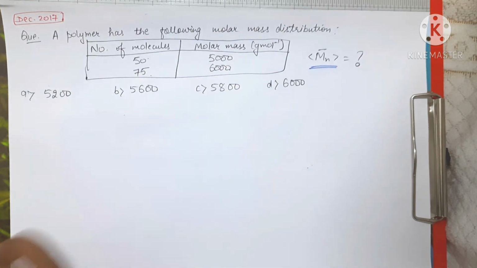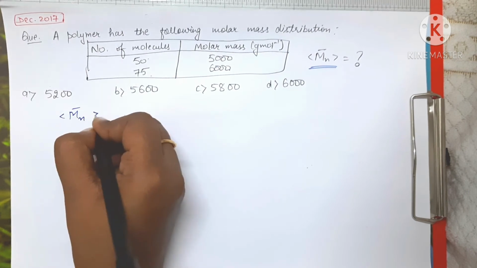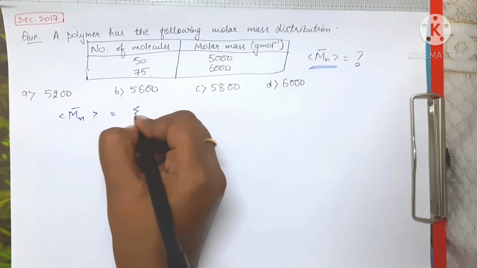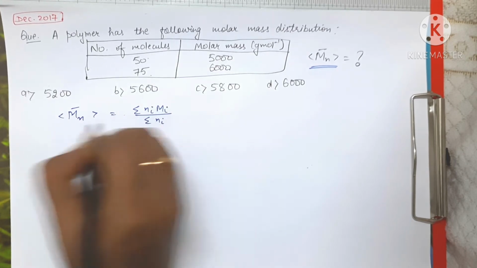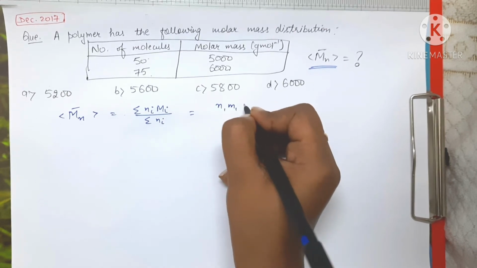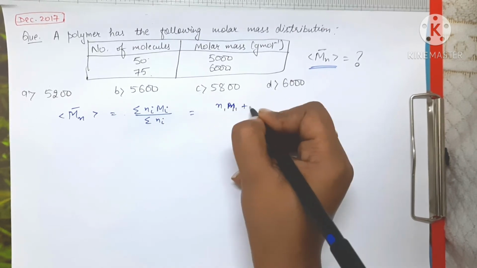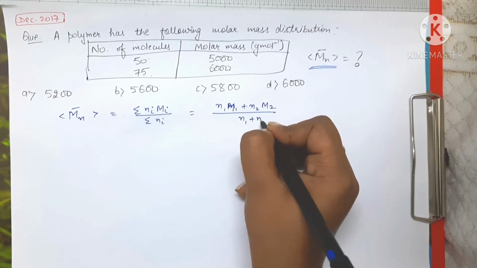We just have to apply the formula for Mn, which equals sigma Ni Mi upon sigma Ni. For this question, this formula will reduce to N1 M1 plus N2 M2 upon N1 plus N2.